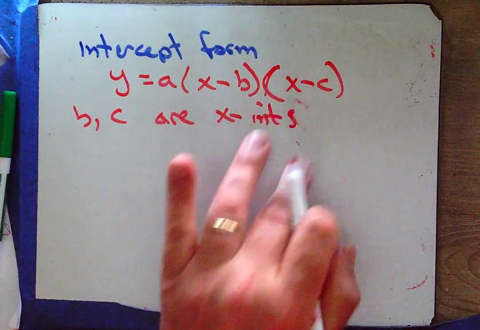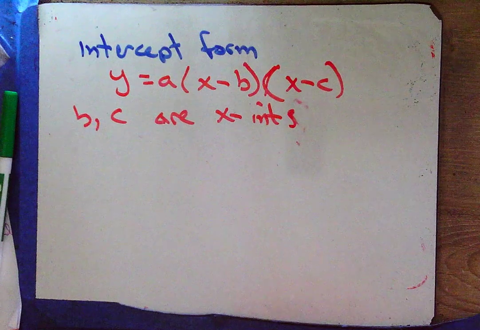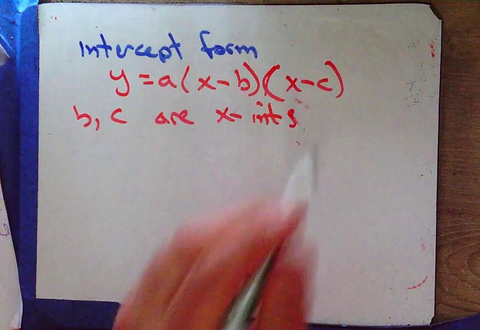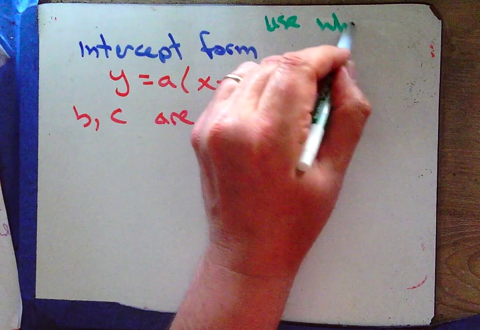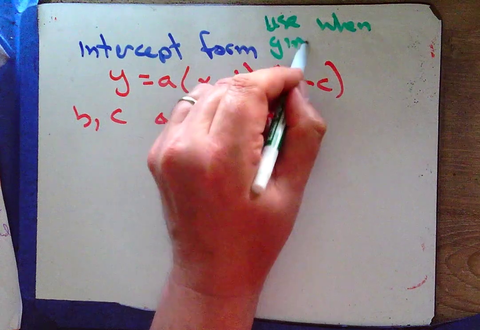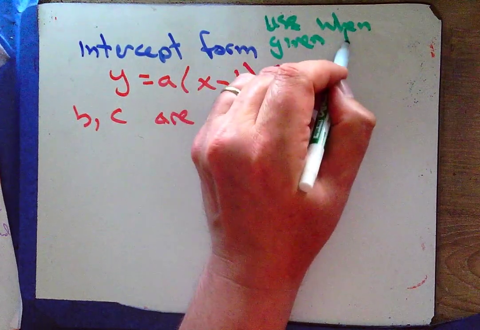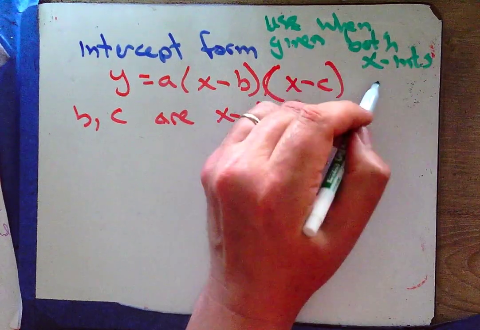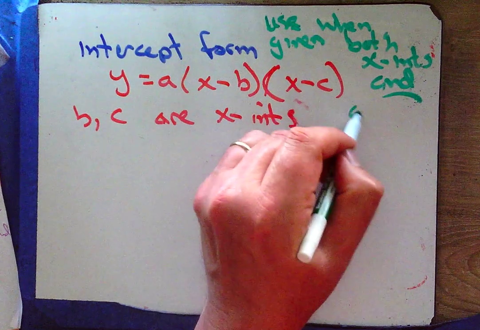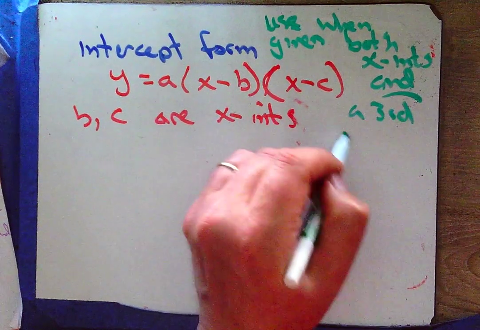And how do I know when to use intercept form? Use when given both x-intercepts and a third point.